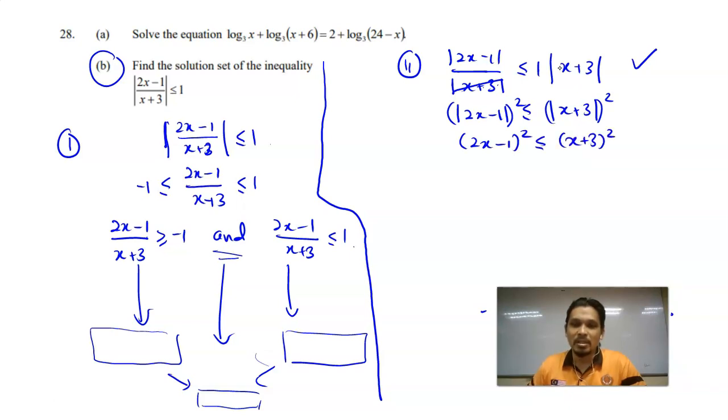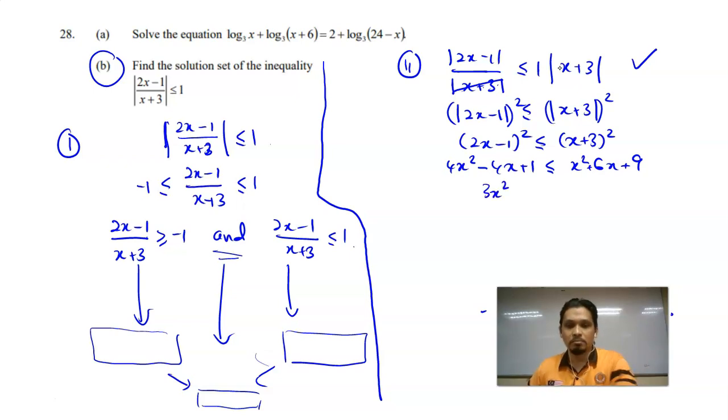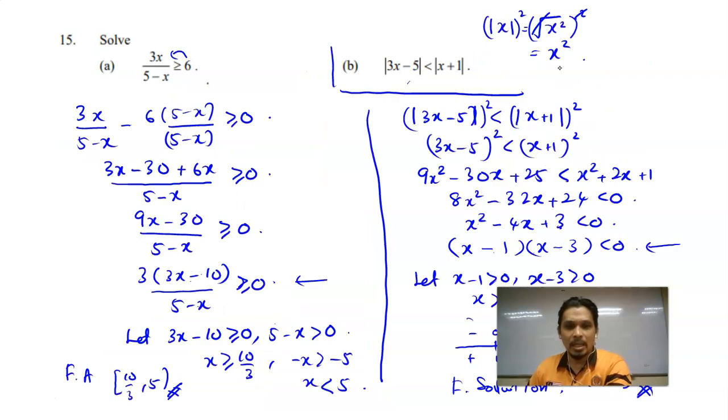So expand this: 2x times 2x, 4x squared; 2x times negative 1, negative 2x, another negative 2x, so negative 4x, plus 1, less than or equal to x squared plus 6x plus 9. 4x squared minus x squared, 3x squared. Negative 4, wait a minute.